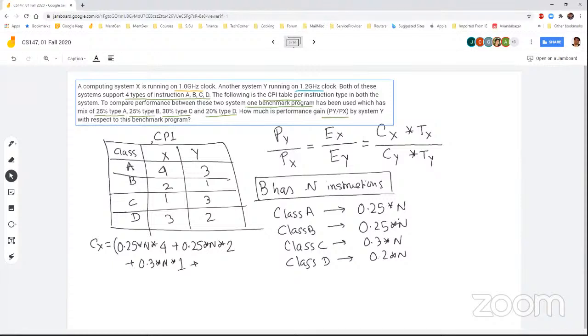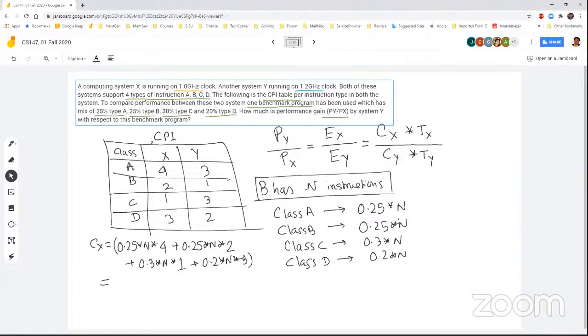Is there a question? Okay. And then next is 0.2 multiplied by n, CPI 3. If we compute, 0.25, 0.25 is 0.5, this is 0.3, 0.8, 0.6.